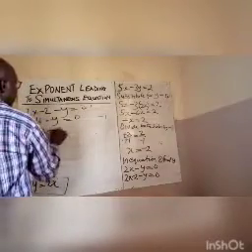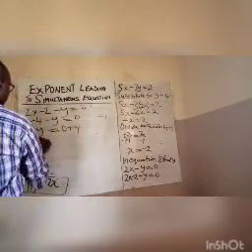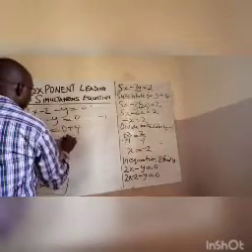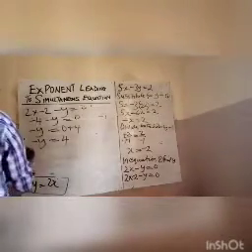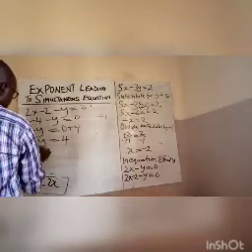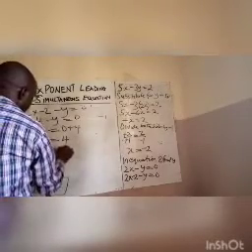Minus y equals 0 plus 4, minus y equals plus 4. Then divide both sides by minus 1.